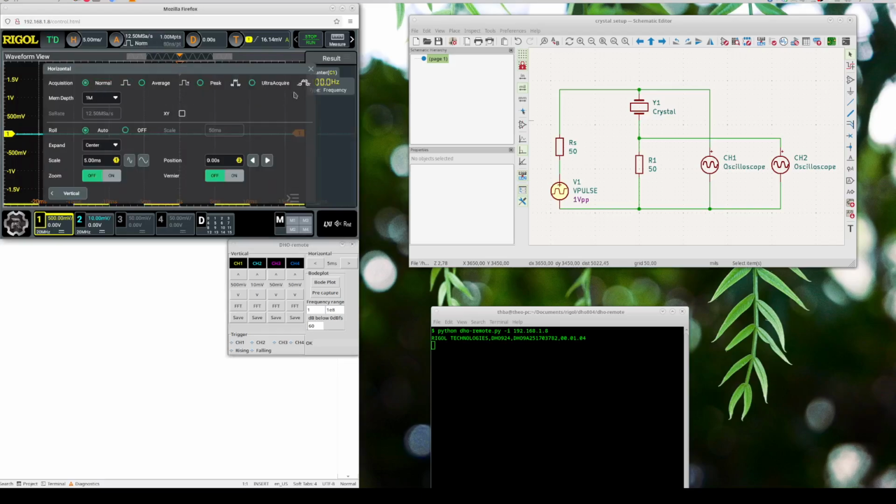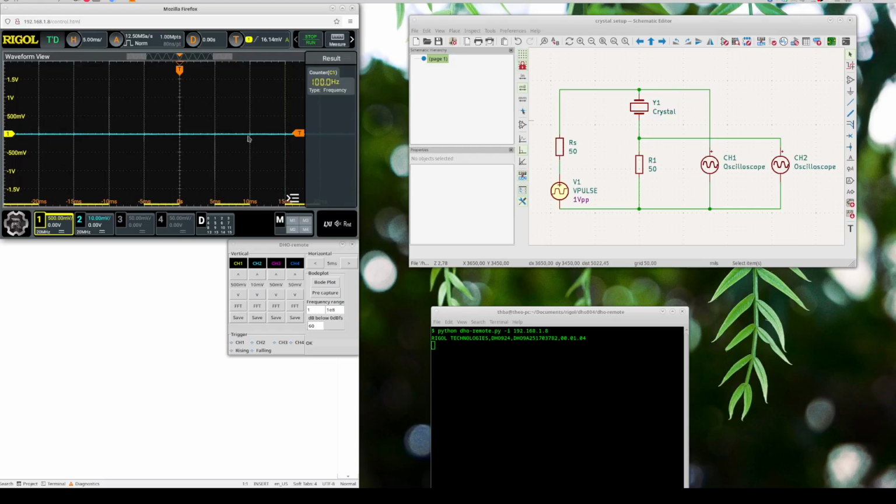Let's start with the normal setting. If you increase the time base, then you can see that there is something on channel 2. This is the response on channel 2. So I can show an FFT of channel 1.